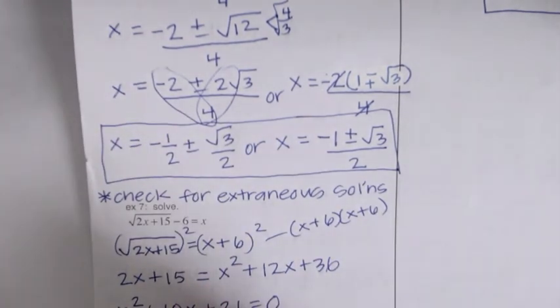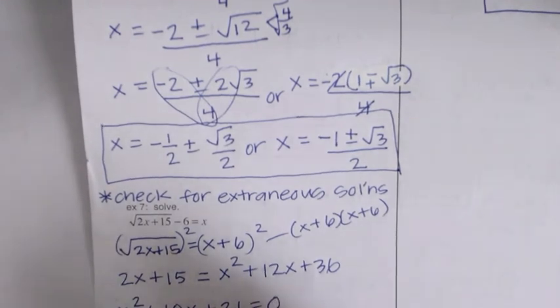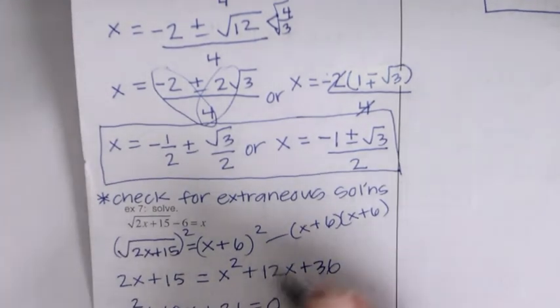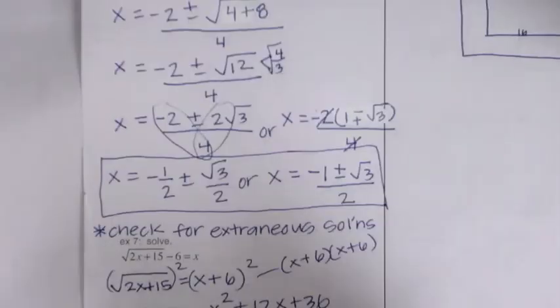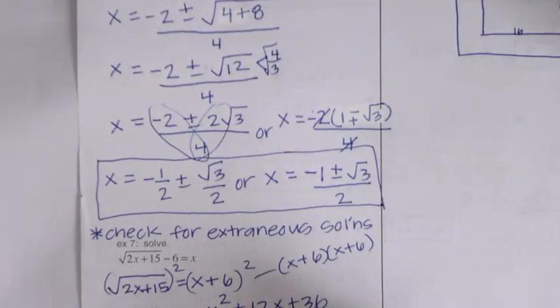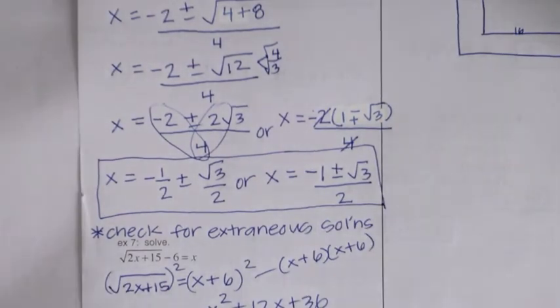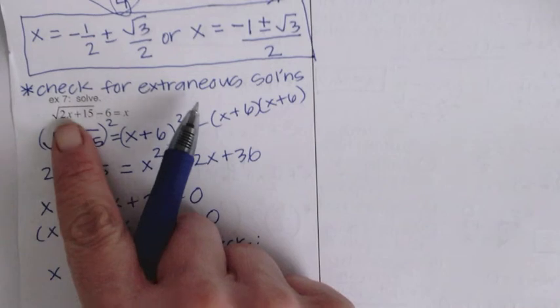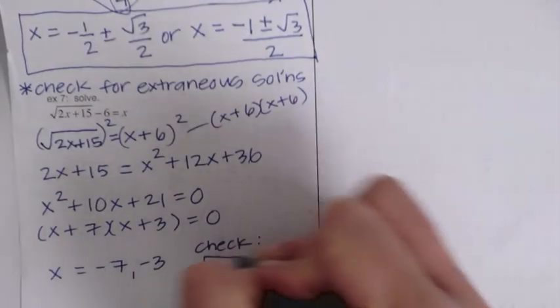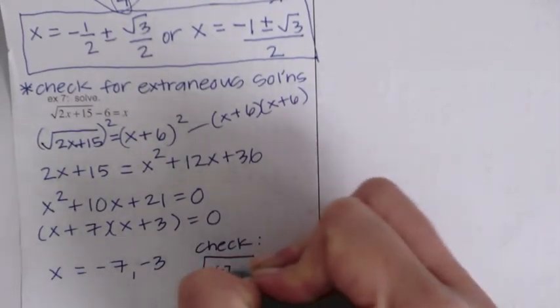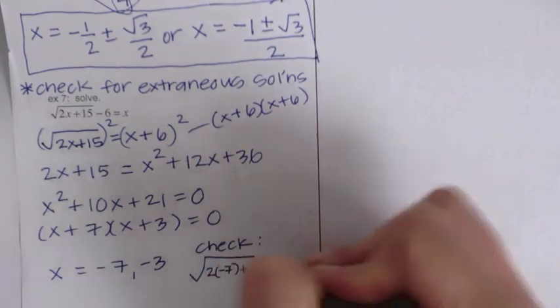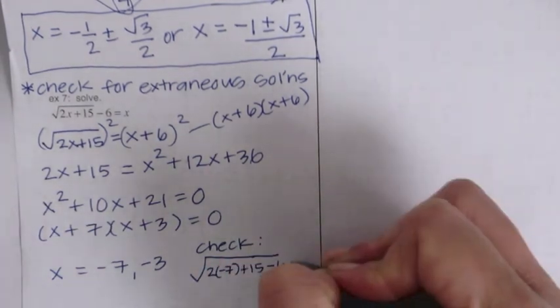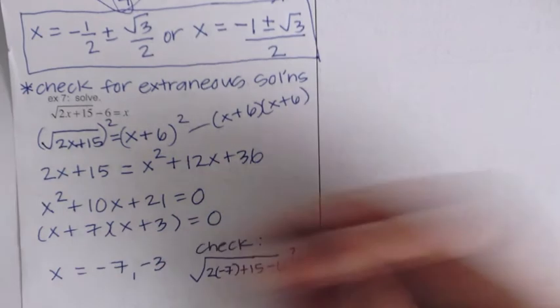So I get x equals -7 and -3, and then I need to check my answer. So I'm actually just going to do a mental check, kind of. Well, I'll show it to you just to be clear. So I'm taking these answers, and you have to plug it back into the original problem. So 2 times -7 plus 15, minus 6, does that equal -7?